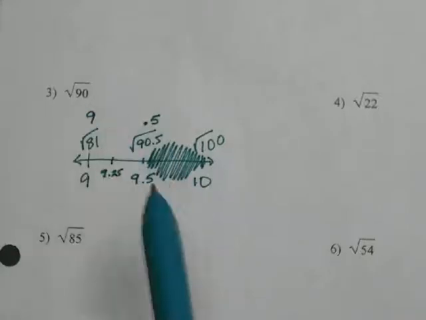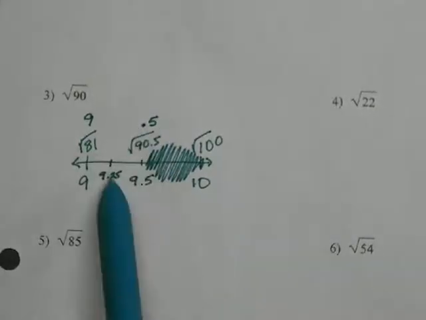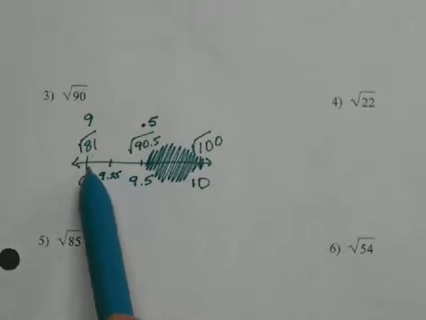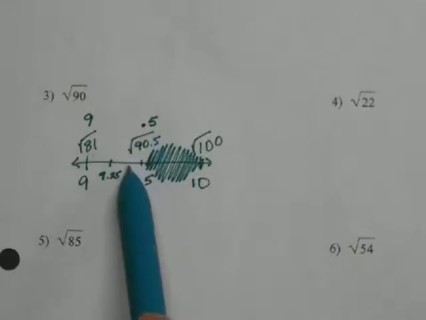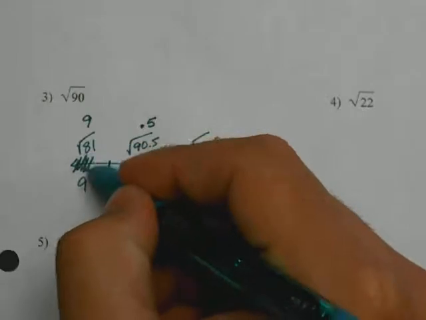Whichever distance is the smaller of these two tells you whether it's going to be after 9.25 or before it. In this case, it is going to be after 9.25 because 0.5 is less than 9. So we can actually go ahead and shade this portion out as well.